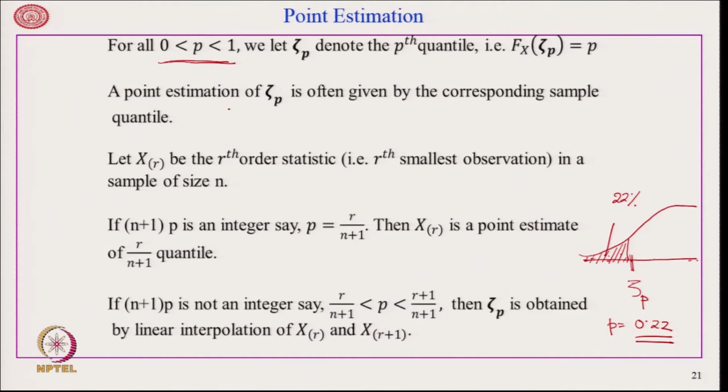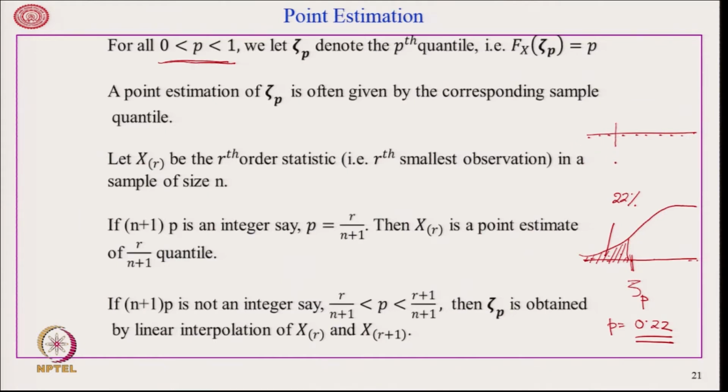A point estimation of zeta p is often given by the corresponding sample quantile. That means, if this is the sample that is given, we will try to see which values are there from which I can get the zeta p.